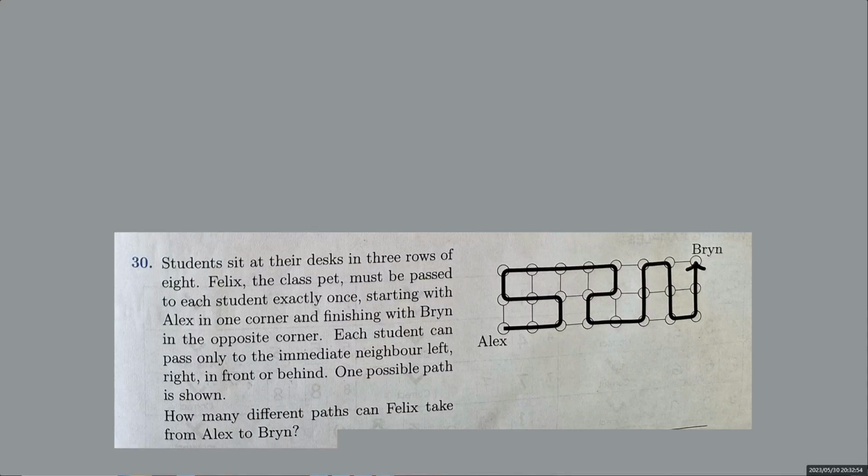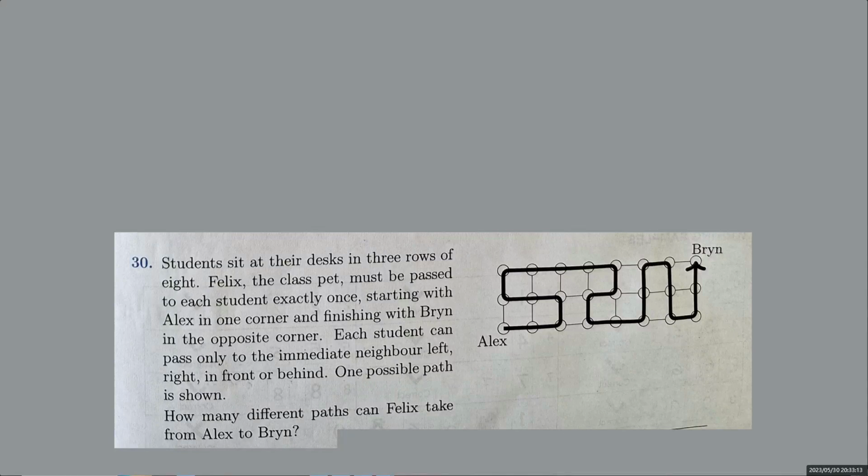Students sit at their desks in 3 rows of 8. Felix, the class pet, must be passed to each student exactly once, starting with Alex in one corner and finishing with Brian in the opposite corner.